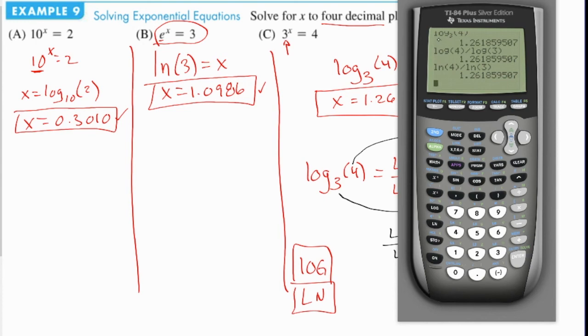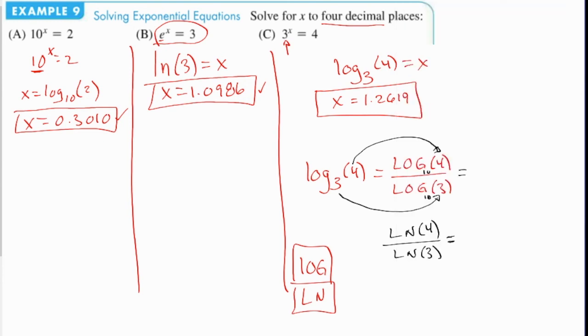So using the correct base, or the change of base with base 10, or the change of base with base e, we see the answer is the same all the way through. So that lets us evaluate logs of different bases on calculators without this feature.